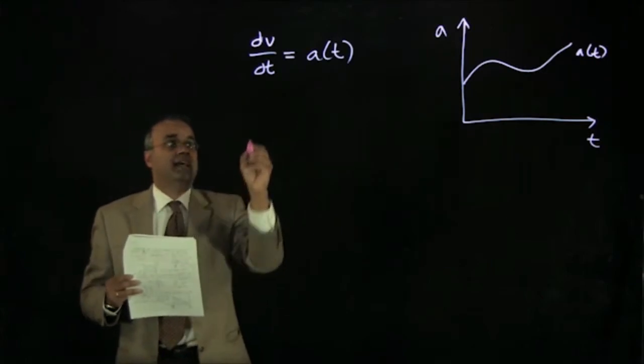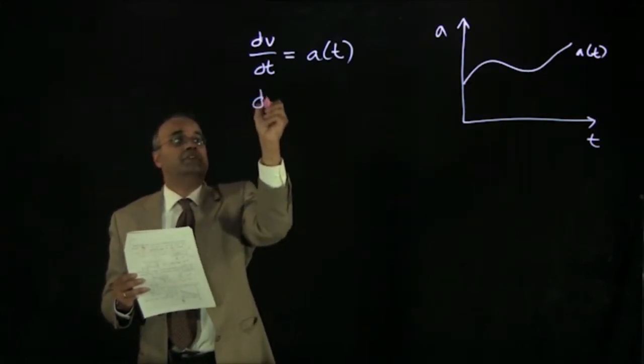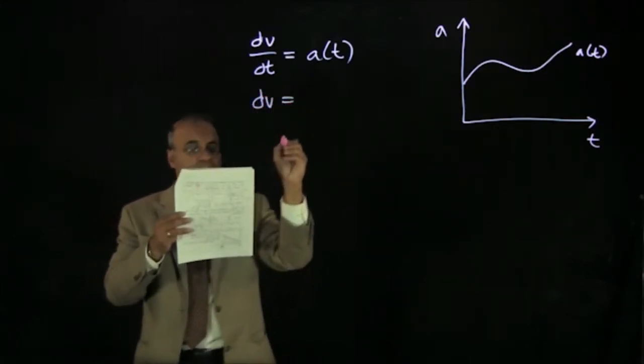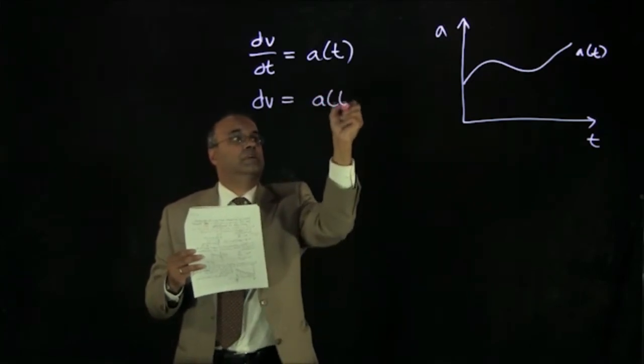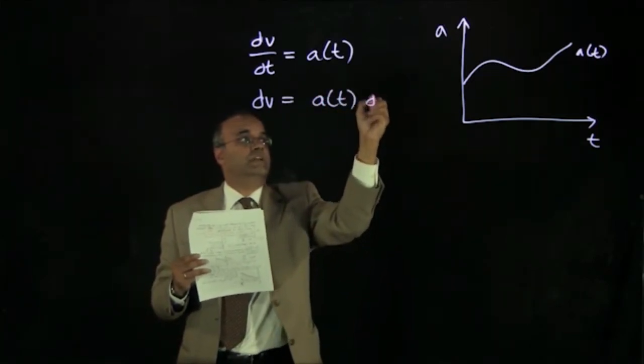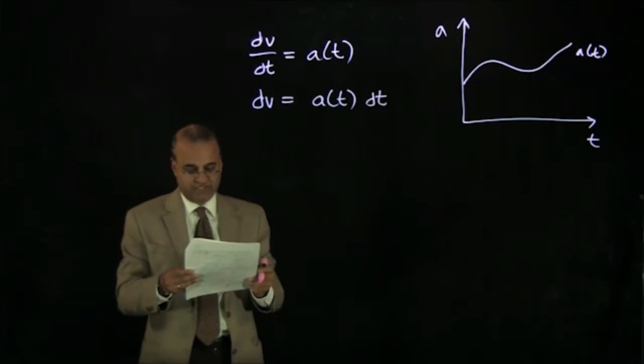I can rewrite that as the differential dv is equal to a of t times the differential dt.